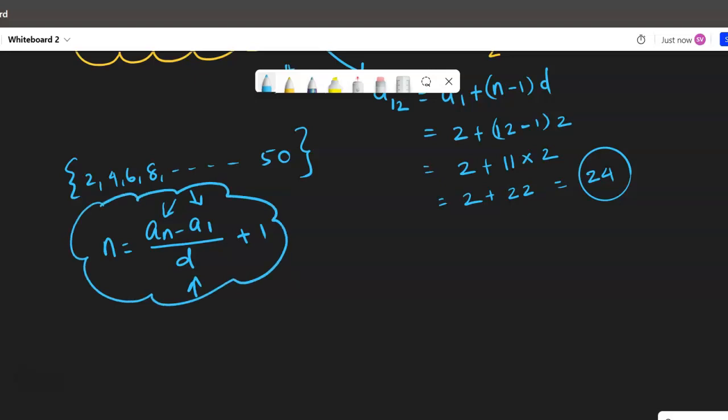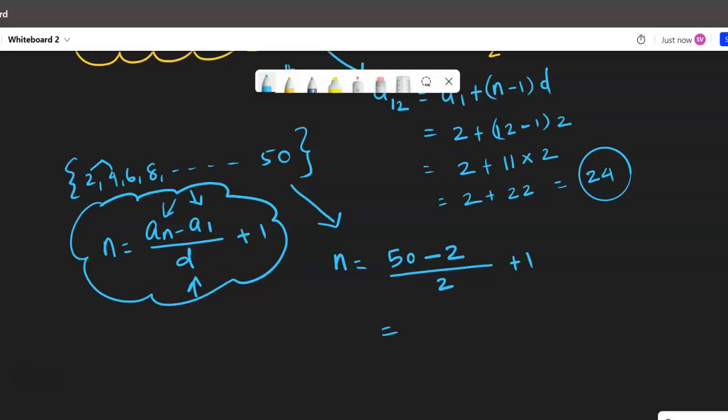Say, for example, we can consider this same problem: how many terms are there in this sequence? Already we know the answer, but we can prove that. So n is an minus a1, where an is the last term, so 50 minus a1, which is 2, divided by d. d is also 2, since 4 minus 2 is 2, plus 1.